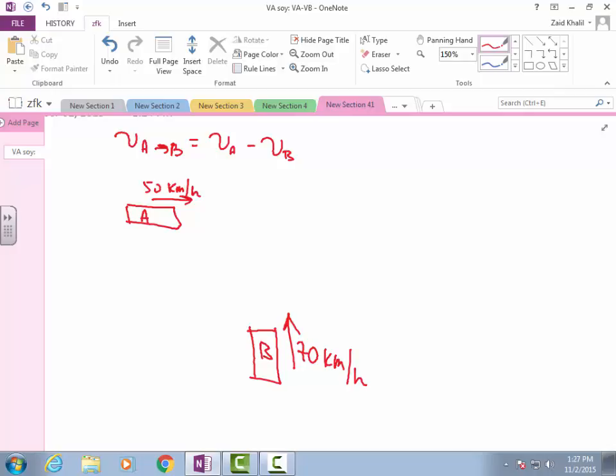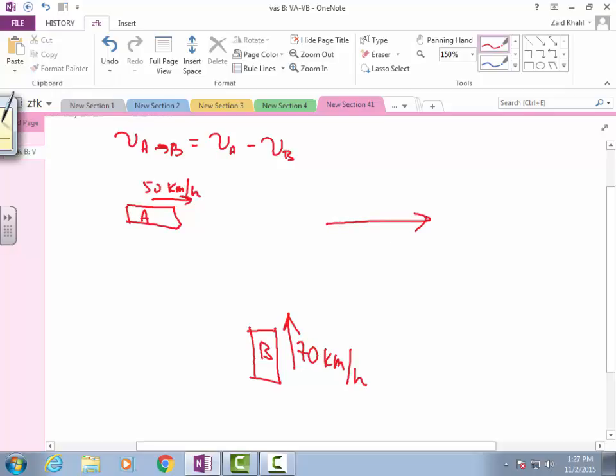So if B sees itself at rest, what does it see A doing? It sees A going to the right at what velocity? 50 meters per second, right? Or 50 kilometers per hour. What else does it see A doing? Coming south at 70 kilometers per hour.